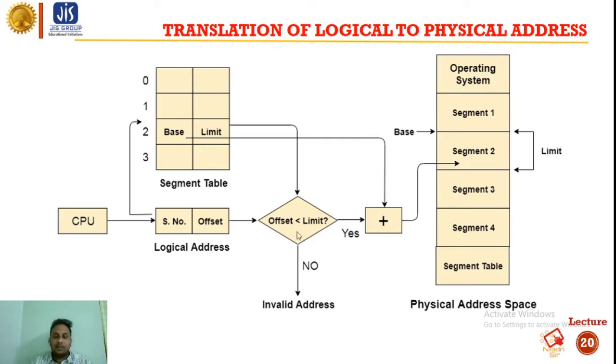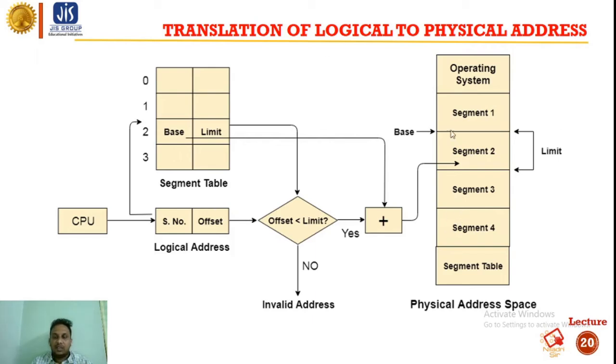If the offset is less than the limit, then it will go to the segment. In case of 1, it will go to segment 1, and if it is 3, it will go to segment 3.